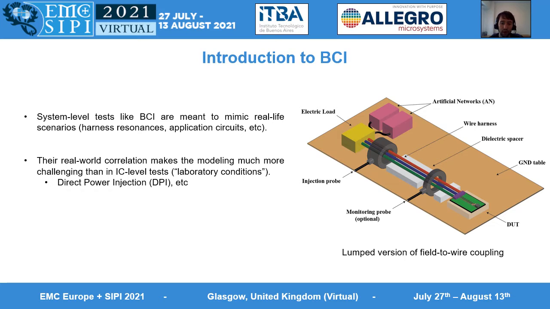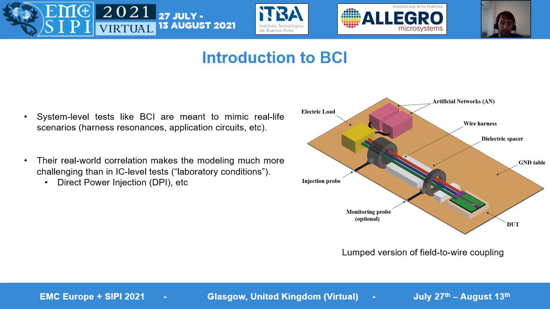So on the one hand, we have IC manufacturers which prefer this IC level test, and on the other hand, we have auto parties or automobile industries which prefer the system level test because they have the correlation with their environment.